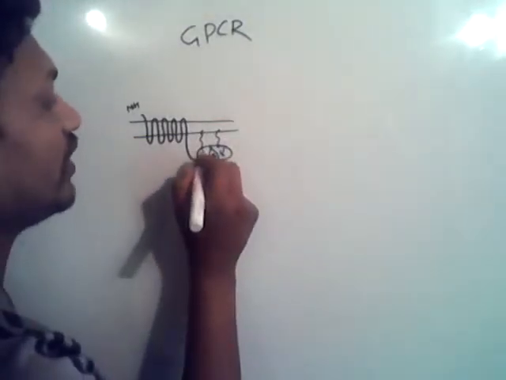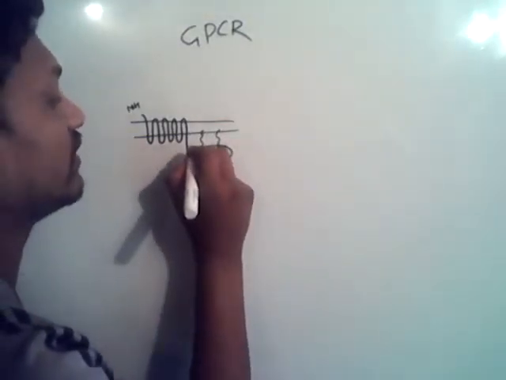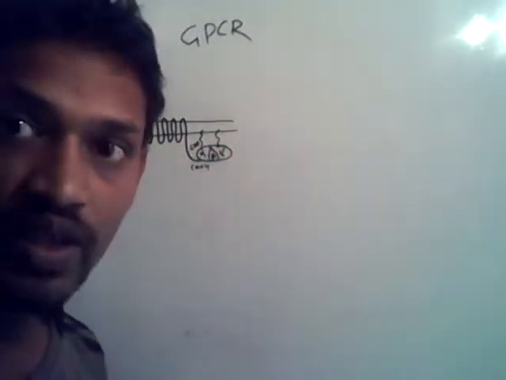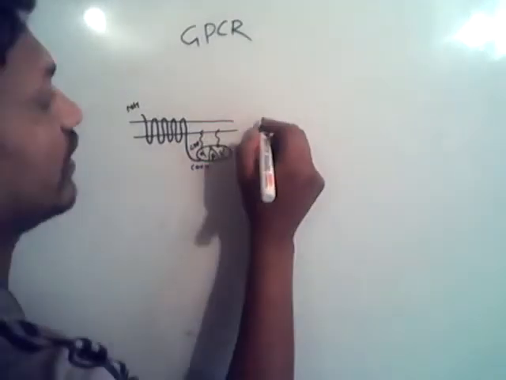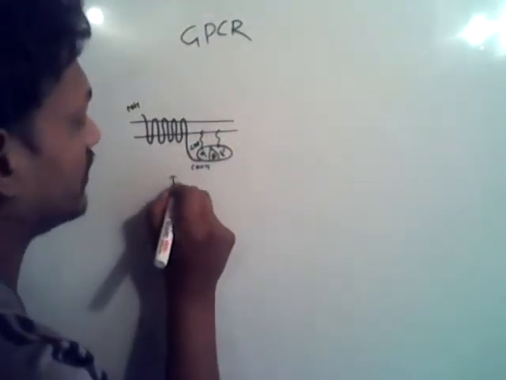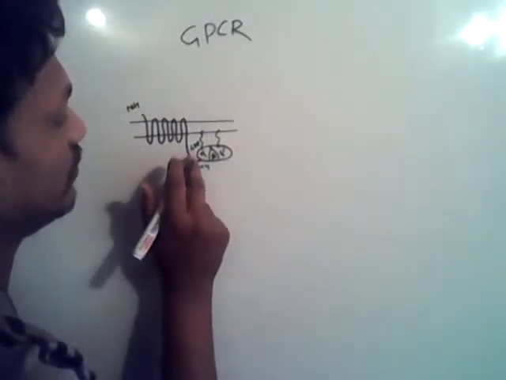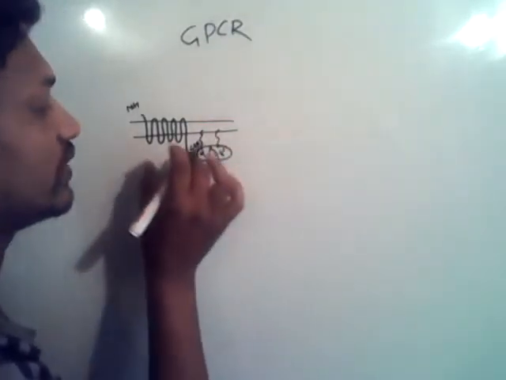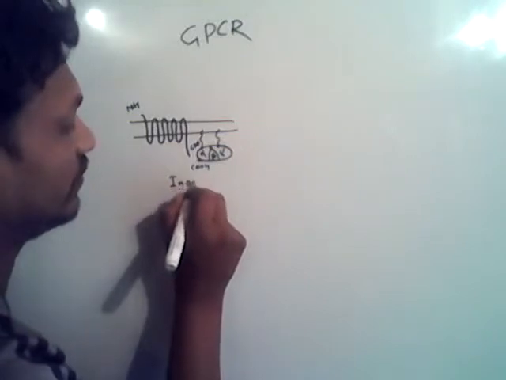The alpha subunit contains GDP. For example, this is an inactive form of the receptor. Okay, this is inactive. It is an isolated protein in this membrane, inactive.